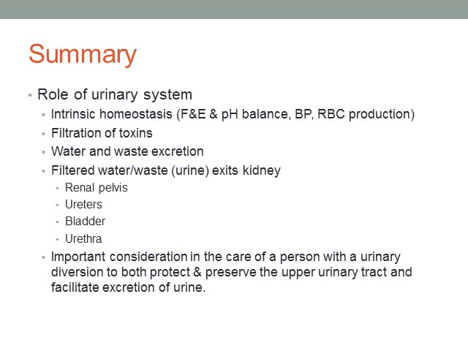Urine is released from the bladder by way of a collapsible tube called the urethra, which is shorter in females and longer in males. The elements discussed in this module are important in consideration in the care of the person with a urinary diversion, in both the protection and preservation of the upper urinary tract and facilitating the excretion of urine.